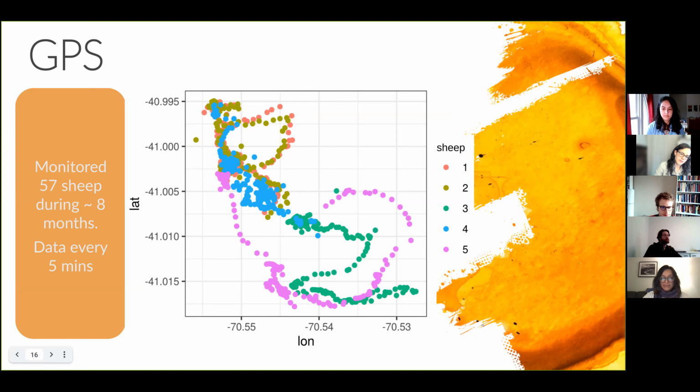What is plotted here are 5 different trajectories from 5 different sheep. Each color corresponds to a different sheep. And those are the trajectories for a whole day. And we can see that they move in a similar way.